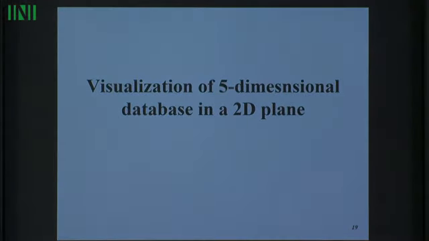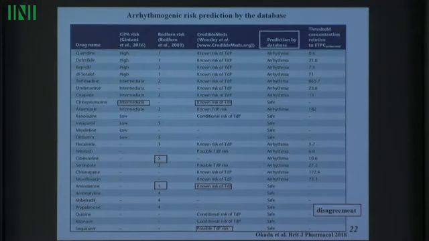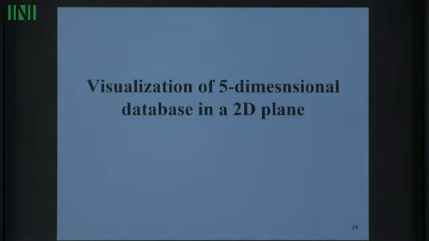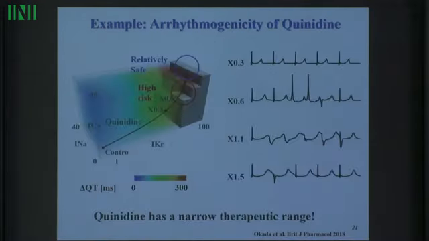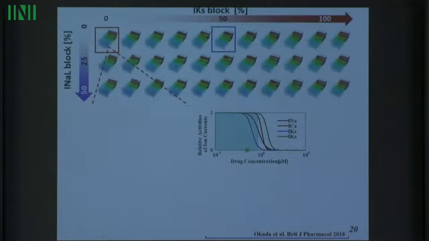But after the computation was over, we faced the problem of how to visualize the data. Visualization of 5-dimensional space on a 2-dimensional plane like this is very hard. So what we did was subdivide that entire space into three-dimensional subspaces, and arrange them with the remaining 2 ion currents as the parameters.